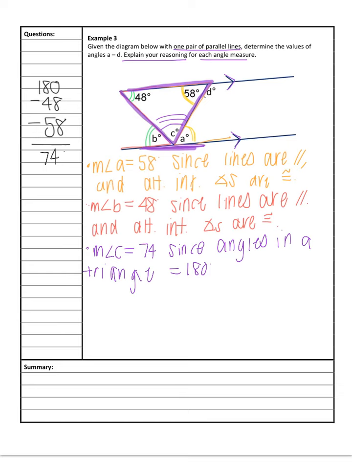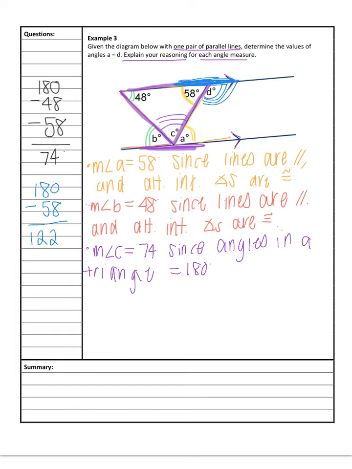All right. So now all that's left to find is angle D. Angle D is way over here. Well, in this scenario, I'm going to look at the fact that 58 and angle D are on a straight line, and we know angles on a straight line have to add to 180. So 180 minus 58, that's going to leave me with 122.